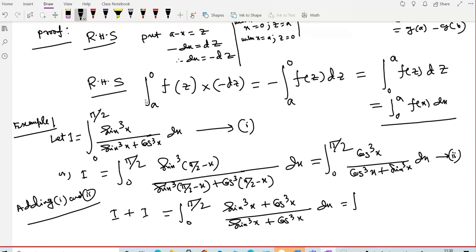See what do you get? The integral from 0 to pi by 2 of dx only, because numerator and denominator fully cancelled. This integration will give you x, that is nothing but pi by 2. So, which you were saying impossible, it is possible by the use of property here.